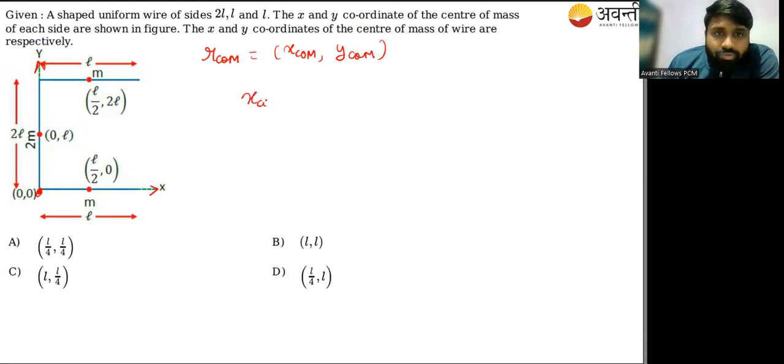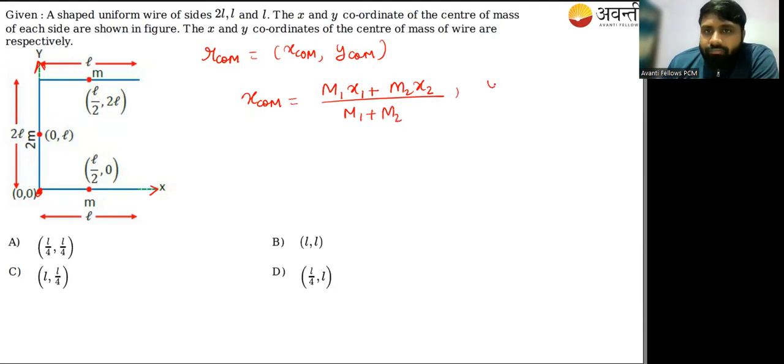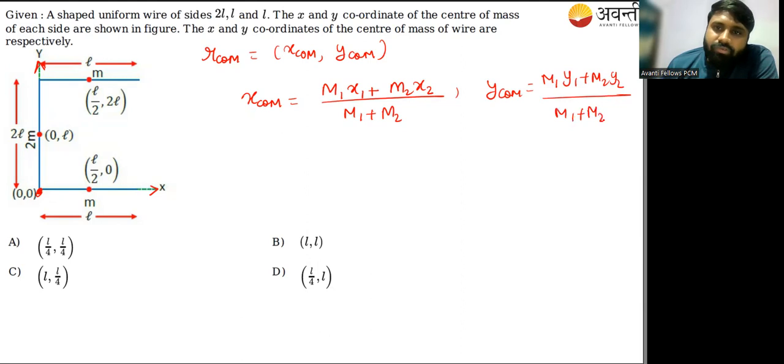Now x center of mass you can easily calculate: m1 x1 plus m2 x2 divided by m1 plus m2, and y center of mass is given by m1 y1 plus m2 y2 divided by m1 plus m2. y1 and y2 are the coordinates of the center of mass of this system. y1 is the coordinate of the center of mass on the y-axis for this mass; for the m2 mass, this is the coordinate of the center of mass.